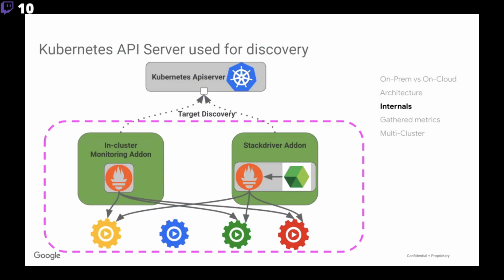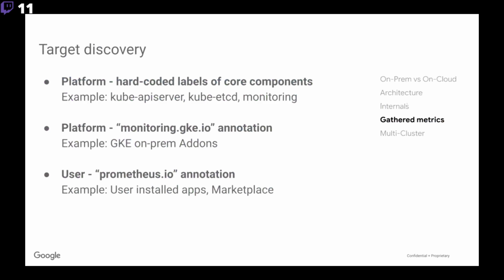And for the Stackdriver add-on, the sidecar is the one that gets the metrics out of Prometheus and then sends them out. These are some of the annotations that our built-in Prometheus job is configured with. So Prometheus will scrape three types of resources.